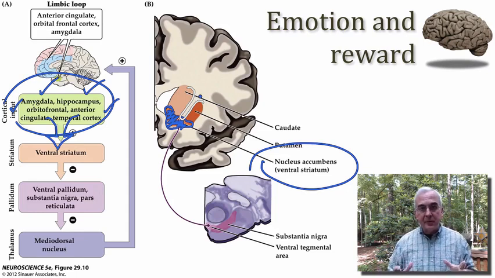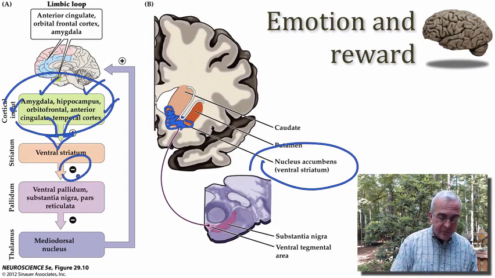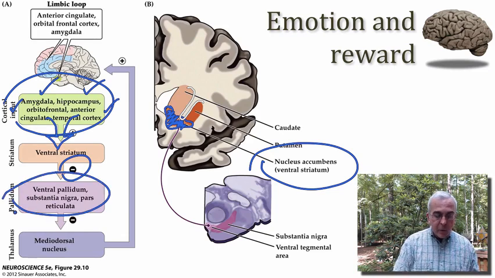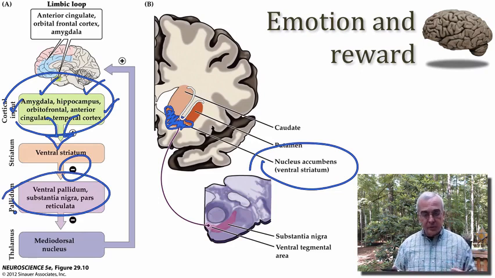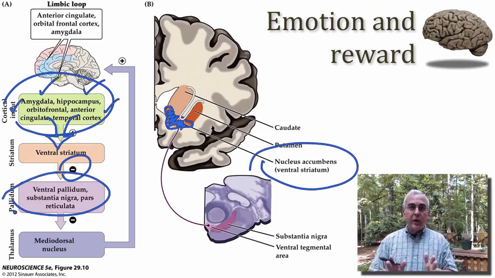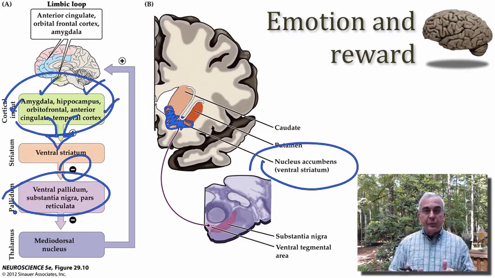Now, the nucleus accumbens, the ventral striatum, then sends inhibitory projections into the pallidum. And the pallidum that we have in mind with our ventral limbic loop is called the ventral pallidum, as well as the reticulata component of the substantia nigra. So the ventral pallidum is a region just behind this section.